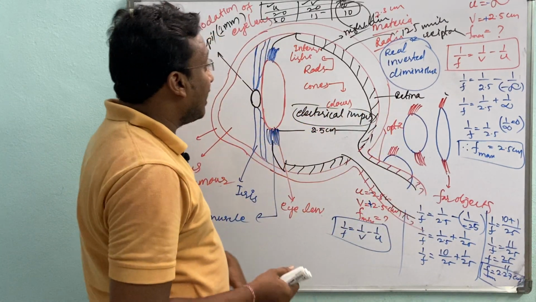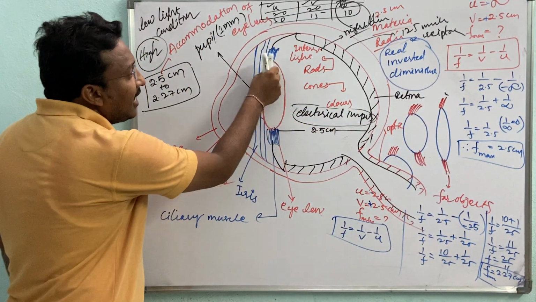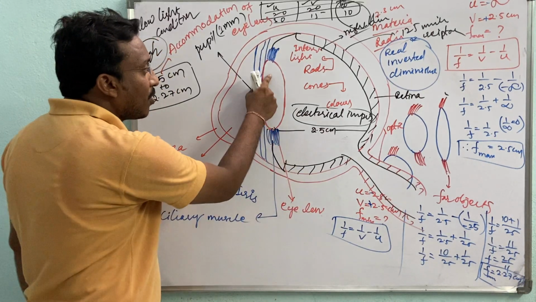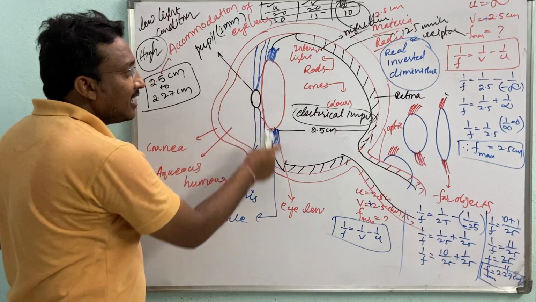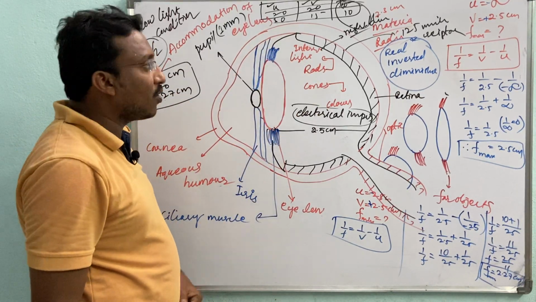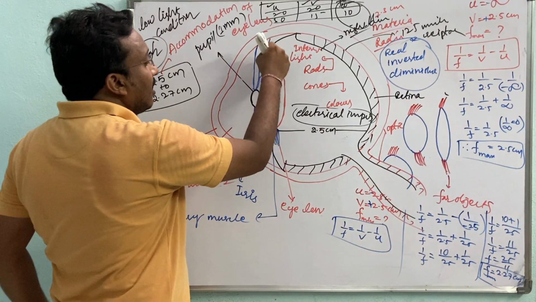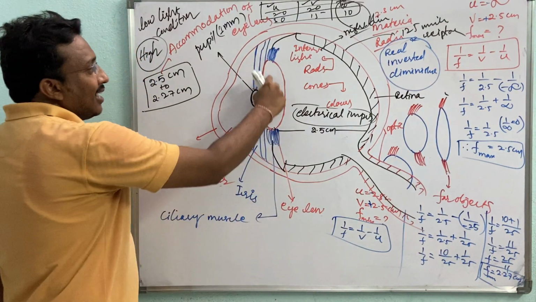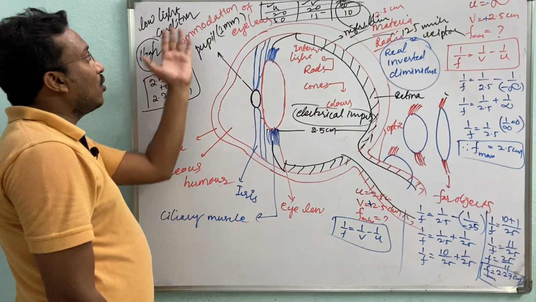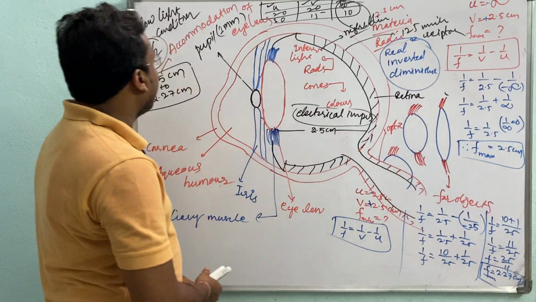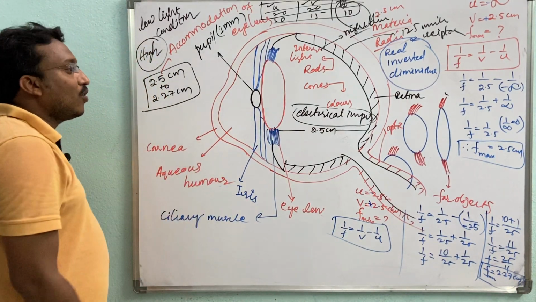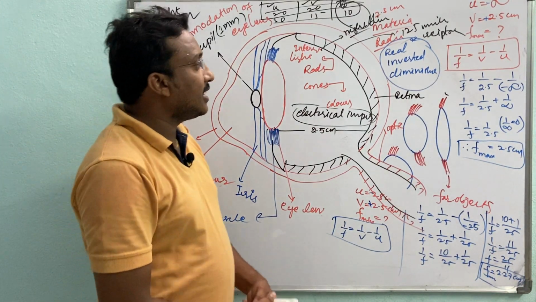But this eye lens has a special property: it can change its focal length with the help of the ciliary muscle. The changing of focal length is called accommodation of the eye lens. The maximum focal length is 2.5 centimeters and the minimum focal length is 2.27 centimeters.